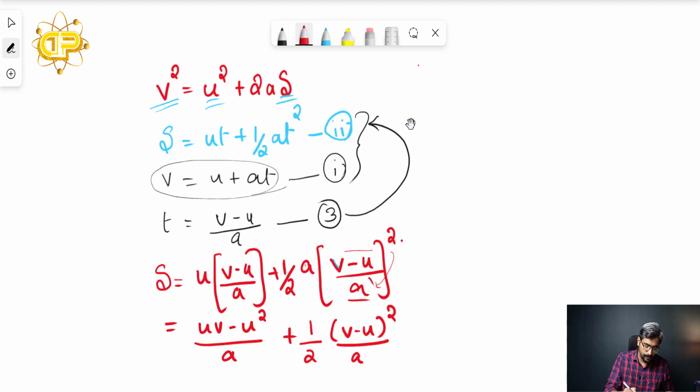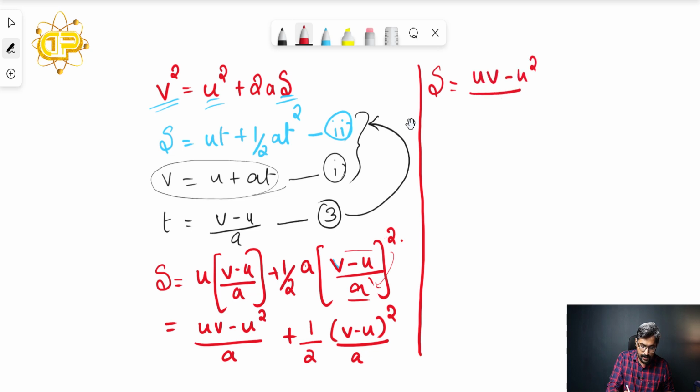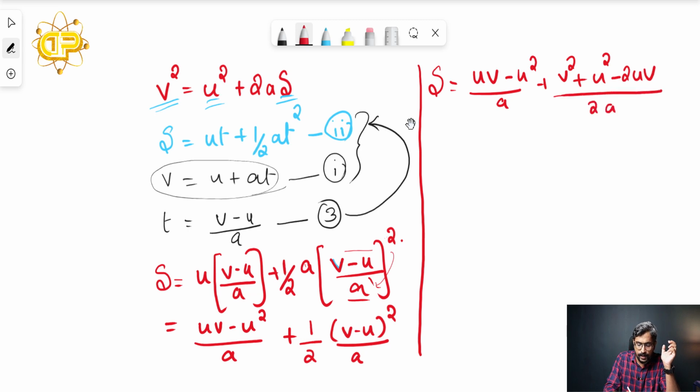Got it? Now, from here, s is equal to (uv minus u square) by a plus (v minus u) the whole square by 2a. (v minus u) the whole square is equal to v square plus u square minus 2uv. Simple mathematical equations. Take the LCM. Then you will get (2uv minus 2u square plus v square plus u square minus 2uv) divided by 2a.